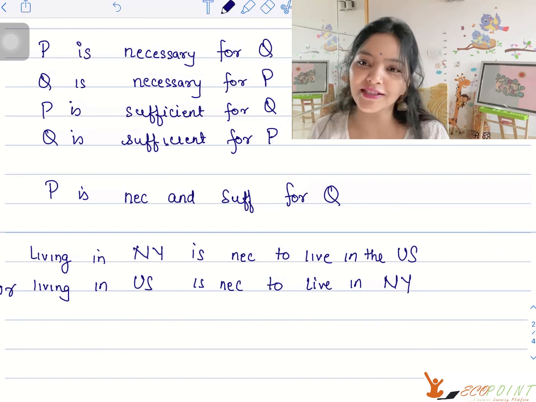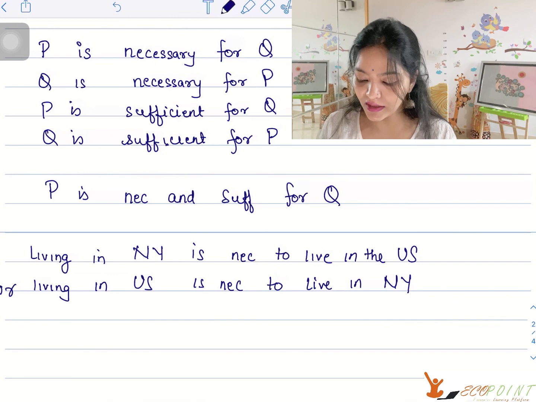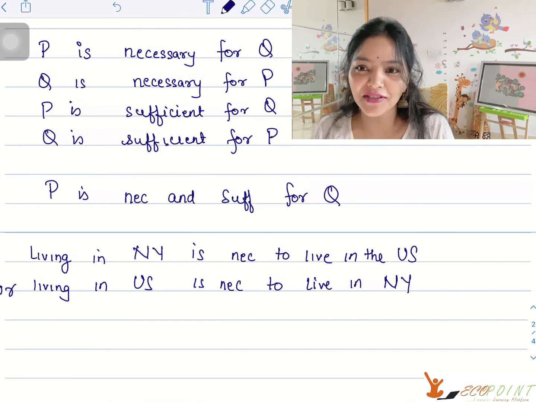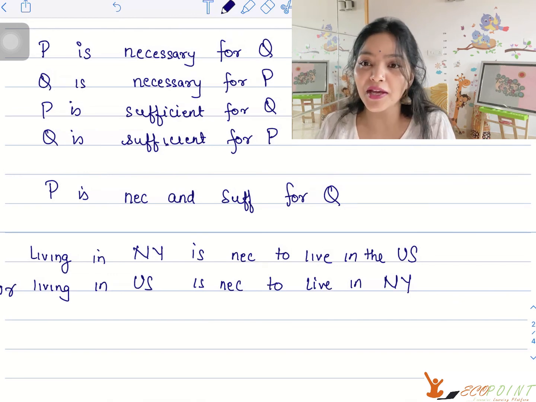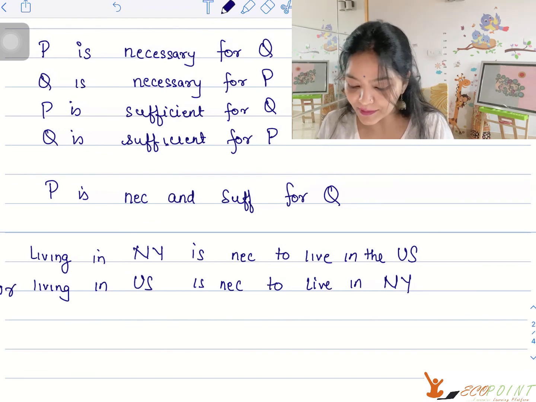Which one do you think is correct? Clearly the second one is correct, right? Living in New York is not necessary to live in the US. But living in the US is of course a necessary condition for me to live in New York, right?